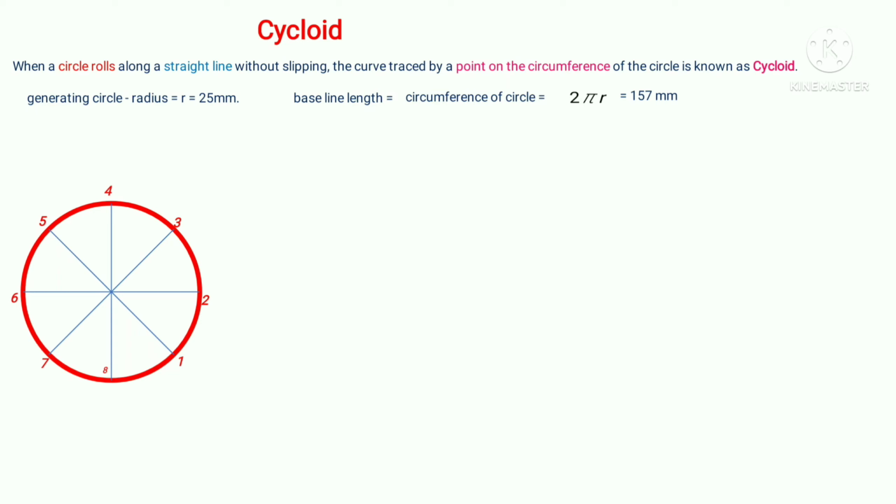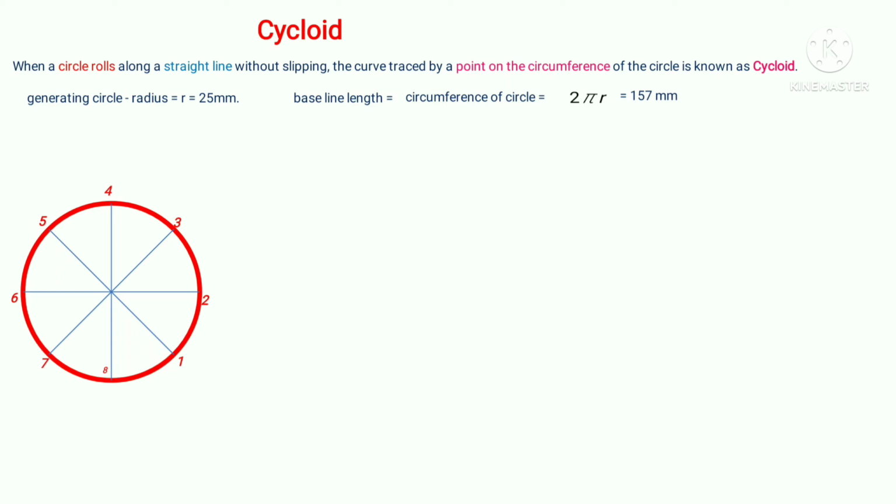Now the length that has to be cut off from this directing line is 157 mm, and hence at a distance of 157 mm a point is marked and the dimensioning is done, and this length is 157 mm. Now this length of 157 mm has to be divided into 8 equal parts.